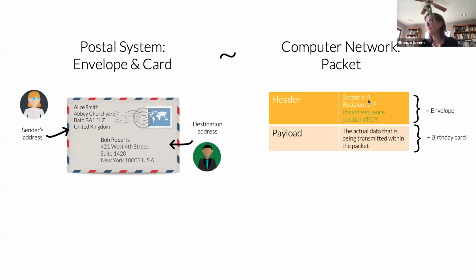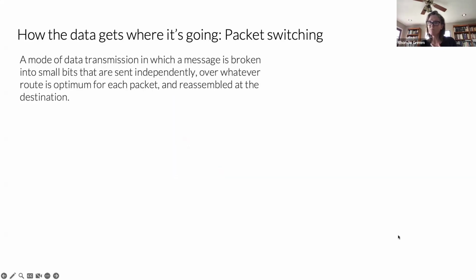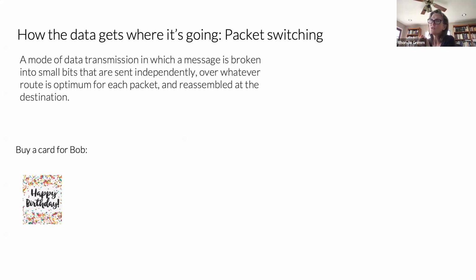So you go through and you say, well, how does it get where it's going? It is this brilliant system called packet switching, where a message is broken up into little bitty bits and sent. Let's go back to that birthday card.